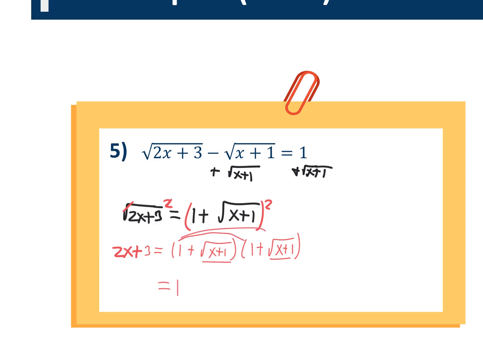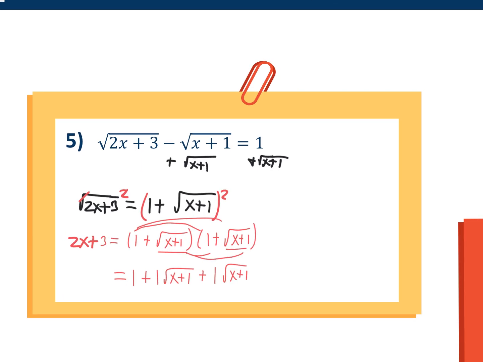And then 1 times the square root of x plus 1 is going to be 1 square root of x plus 1. And then inner times the inner is going to be another one of these things, so another 1 square root of x plus 1. Now the square root of x plus 1 times the square root of x plus 1 is the same as the square root of x plus 1 squared, which is the same as just x plus 1. If that's confusing, let me write out the square root of x plus 1 squared.